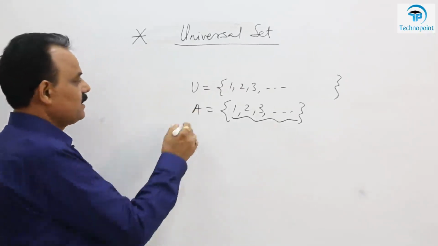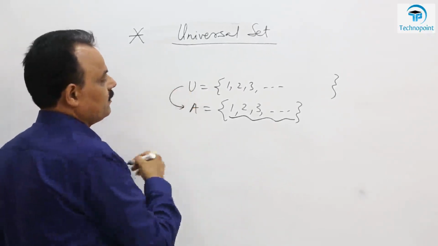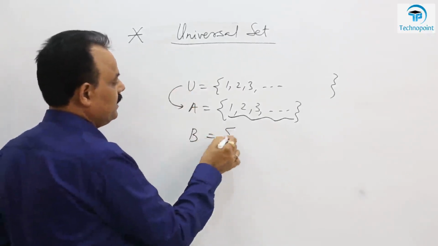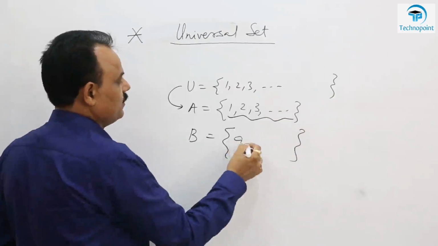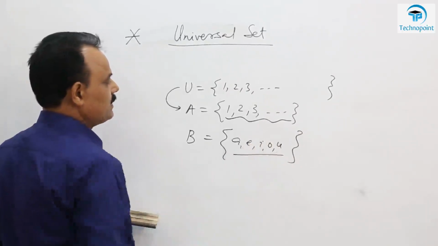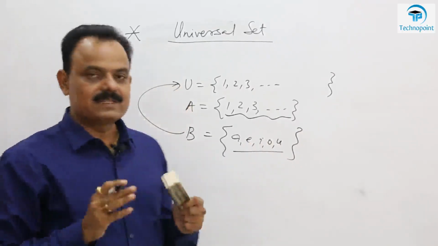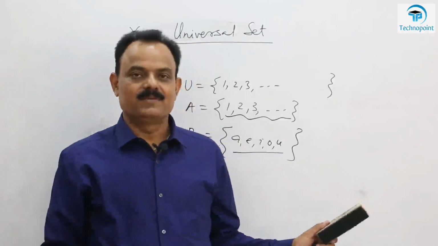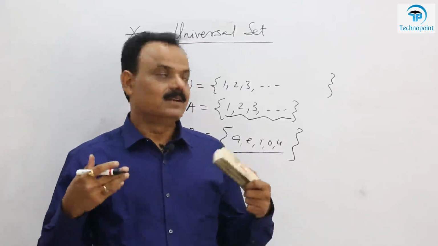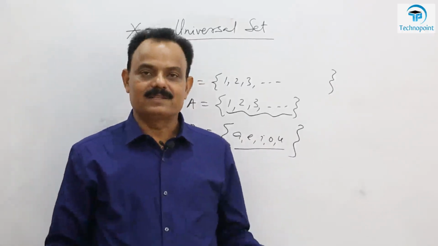So obviously this A is the proper subset of U and U is the superset of A. Similarly, if B is elements of suppose English alphabet, these are all vowels, then this will also lie in universal set, because universal set contains everything, whether it is number, whether it is letters or anything else.